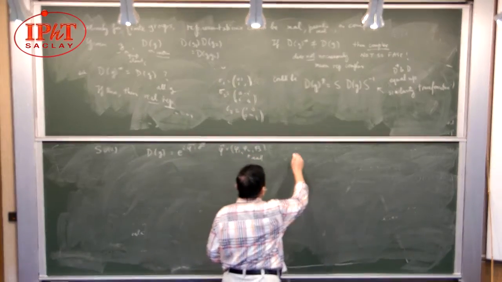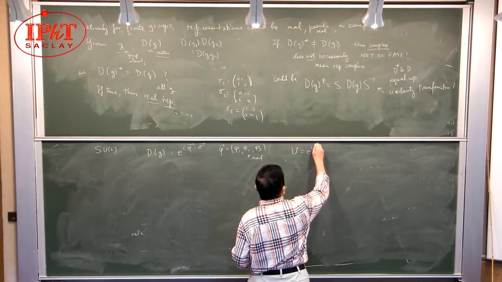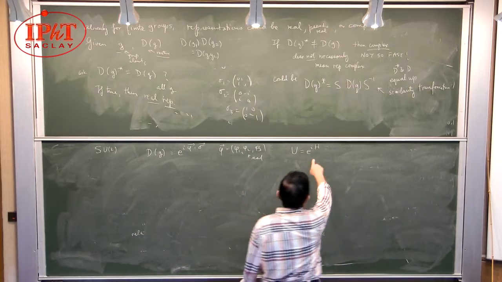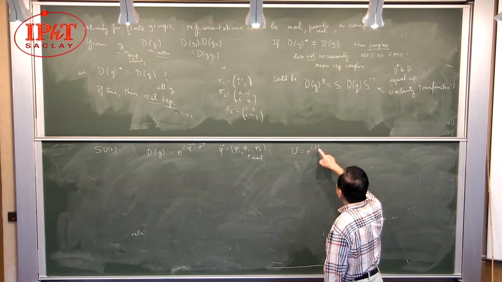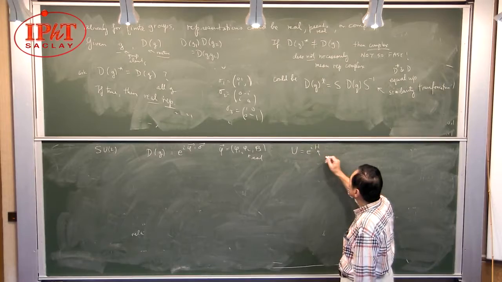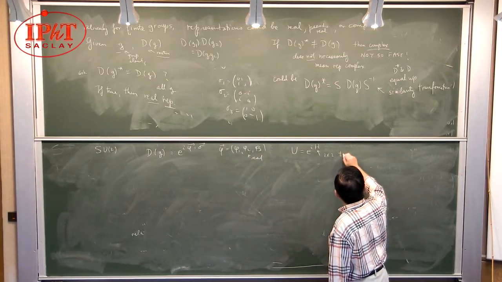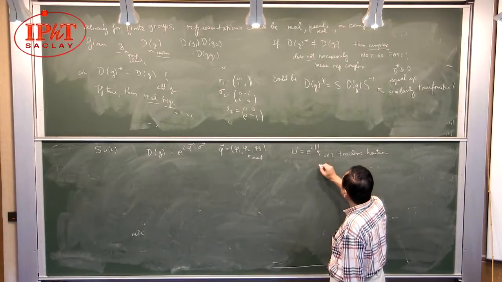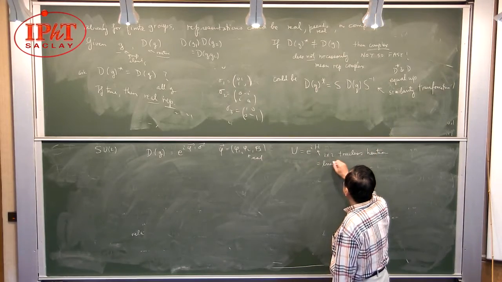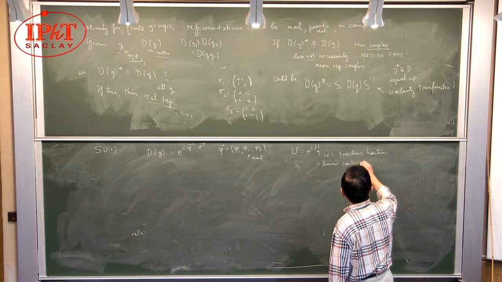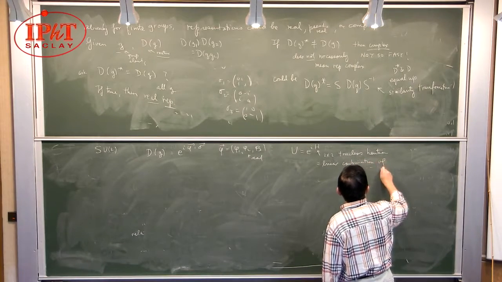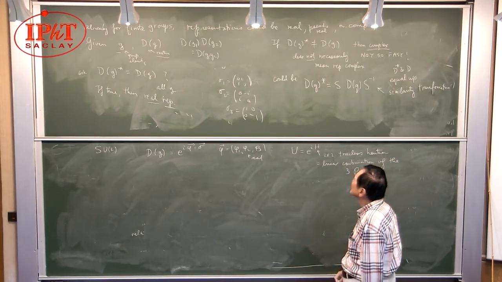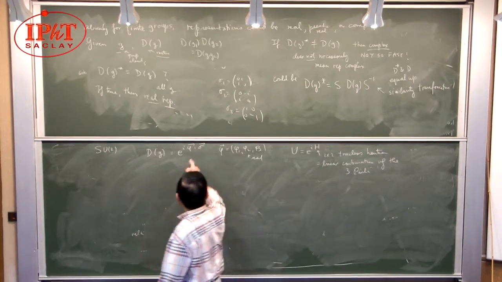What I'm doing is just writing down what I had before, Lie's solution, right? The 2 by 2 unitary matrix can be given by the exponential of iH. H is a 2 by 2 traceless Hermitian matrix, and so it can be written as a linear combination of the 3 Pauli matrices. So that's what this means.